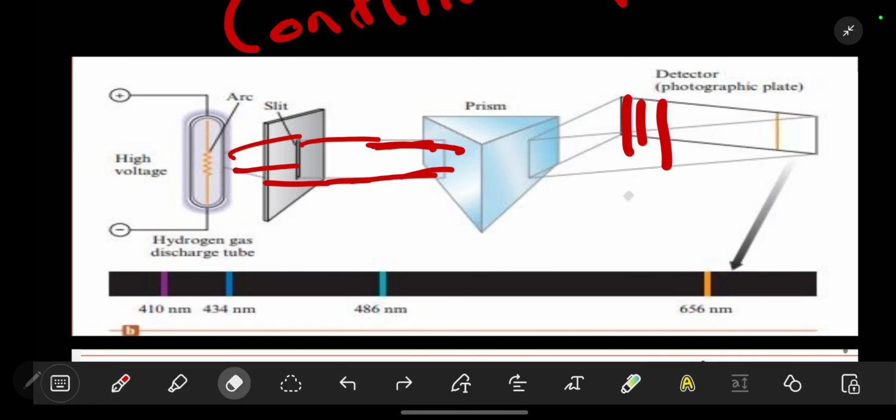These line spectra are seen as different wavelengths, which are 656, 486, 434, and 410, the common wavelengths in nanometers. So this is the light that is visible. Now you can see that it is not continuous, which tells you that the energy is specific. So the energy is very, very much specific.